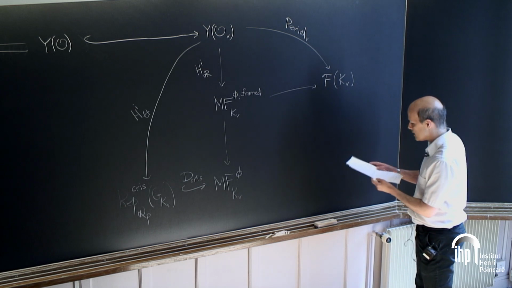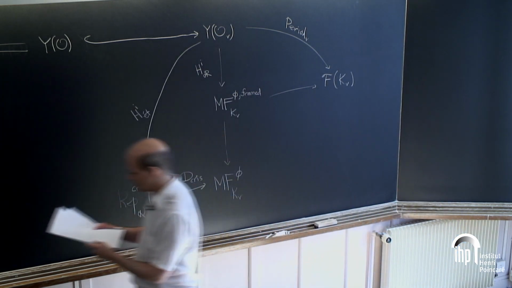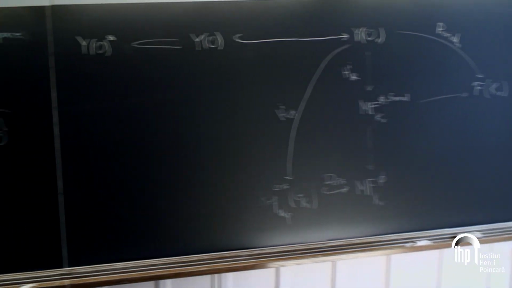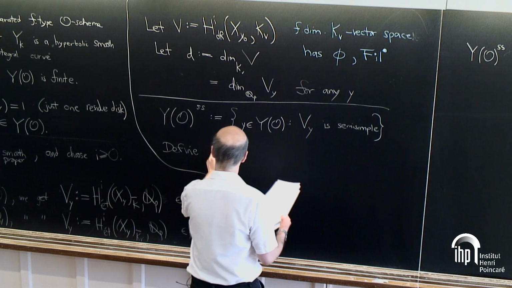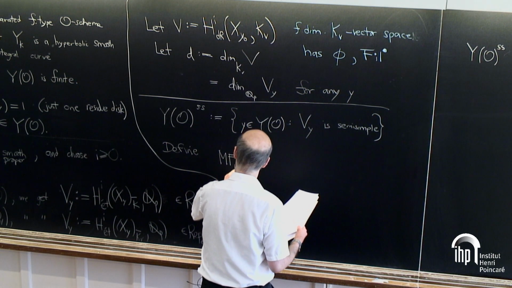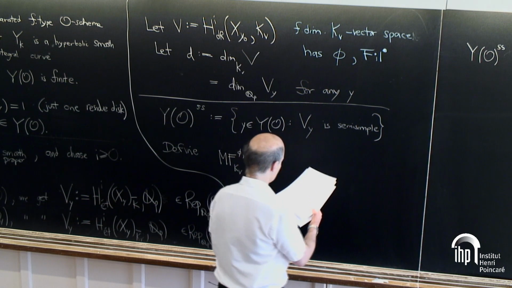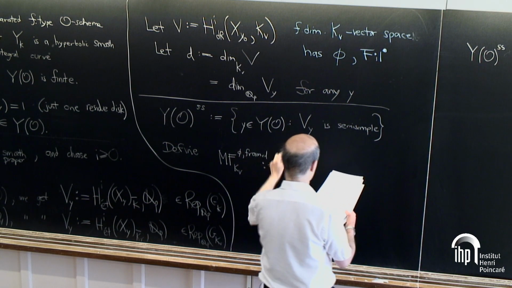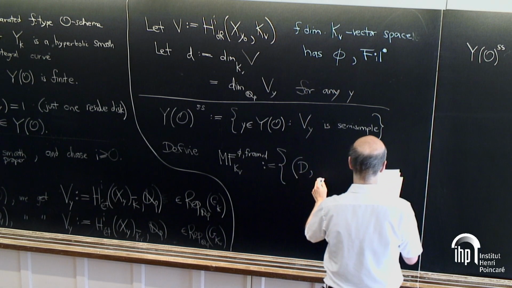So what is this? Let me define it over here. This is a new category. Originally, a filtered phi module is just a triple consisting of a vector space, a Frobenius, and a filtration.